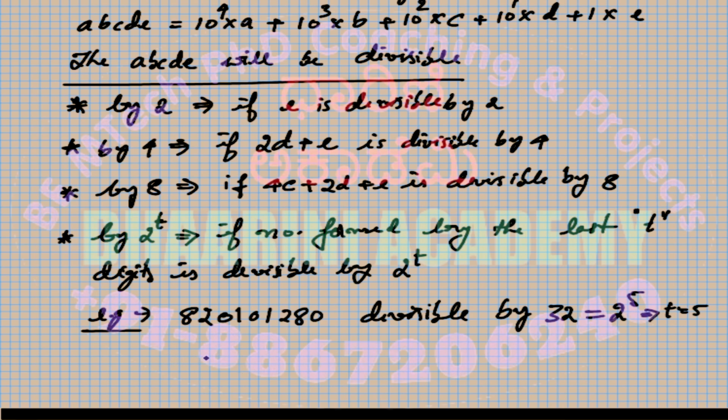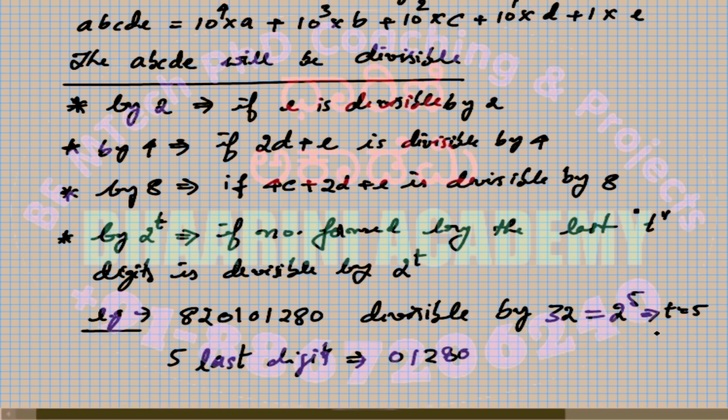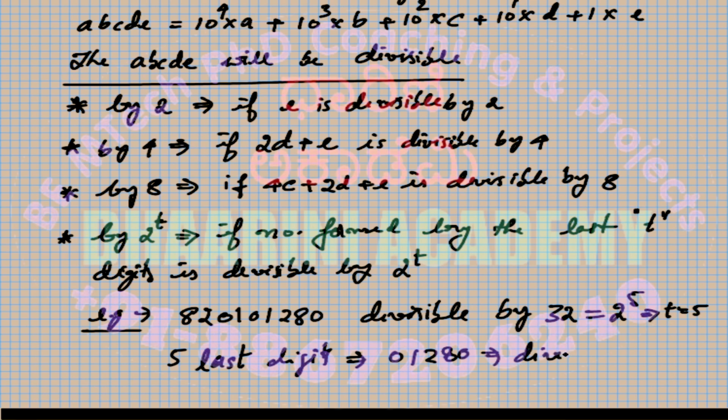The last 5 digits are 01280. I just have to check whether this is divisible by 2 to the 5 or not. So this is actually divisible by 2 to the 5. This means it is divisible.